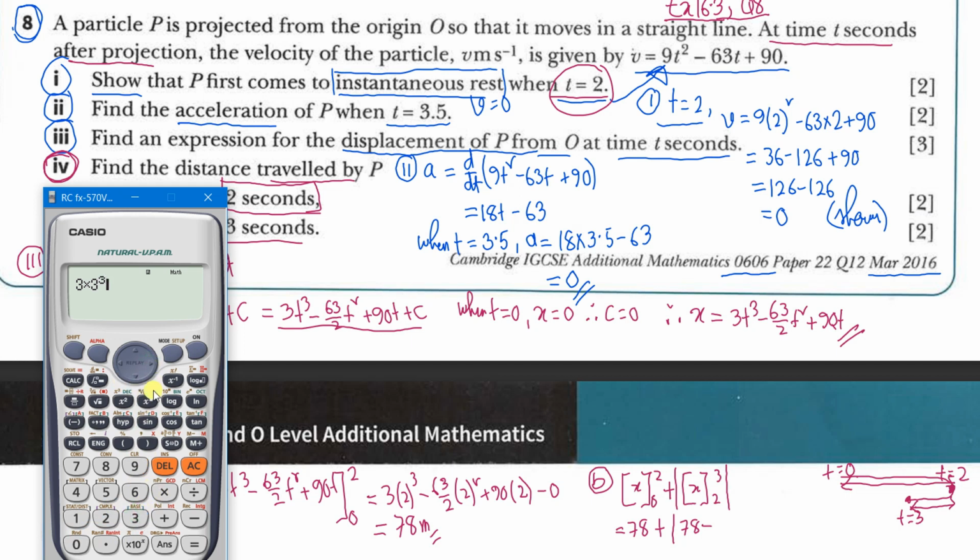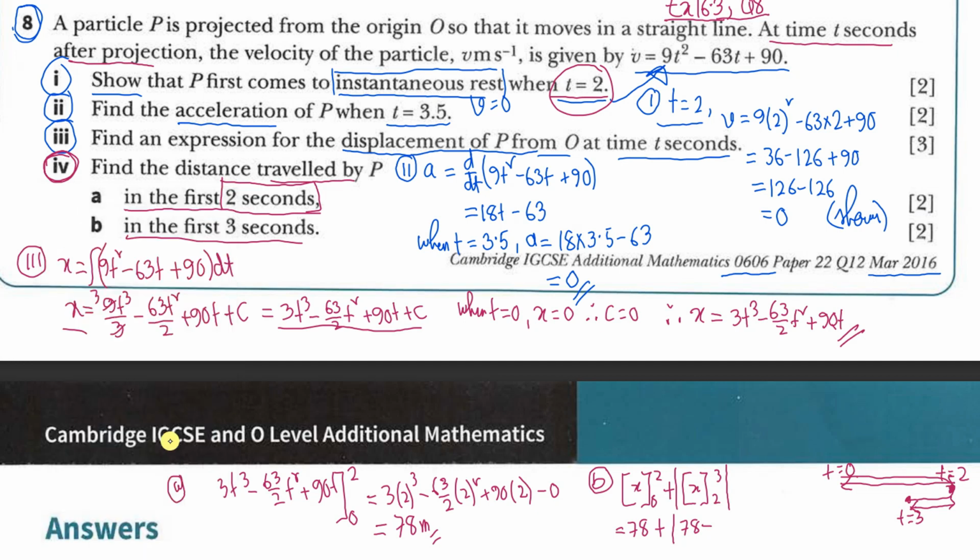So 3 into 3 cubed, then minus 63 divided by 2 into 3 squared, which means 9, plus 90 into 3. Let's see what value comes out, which is 67.5. So it's not 78.